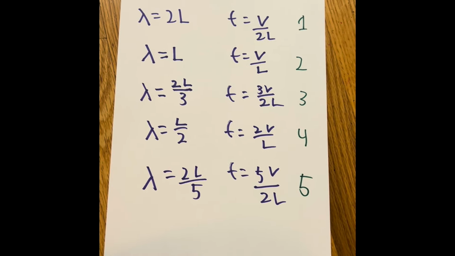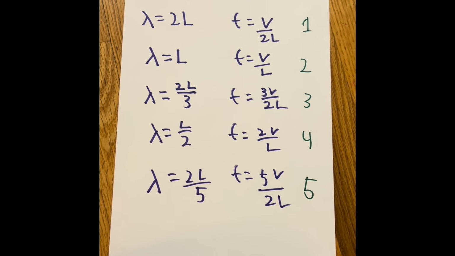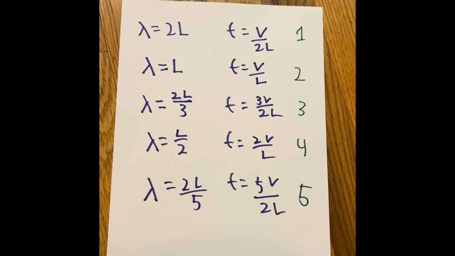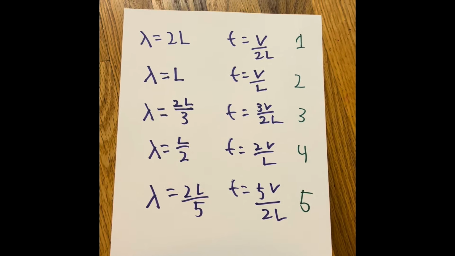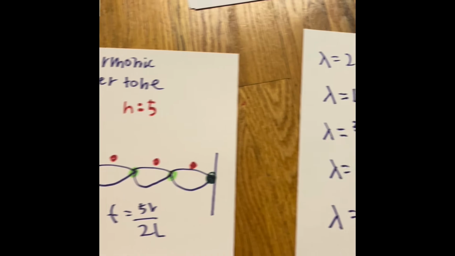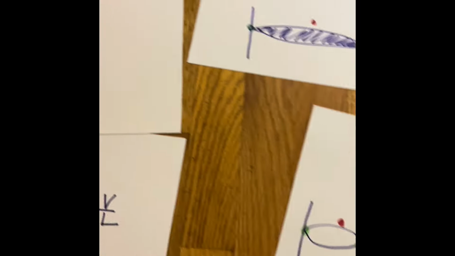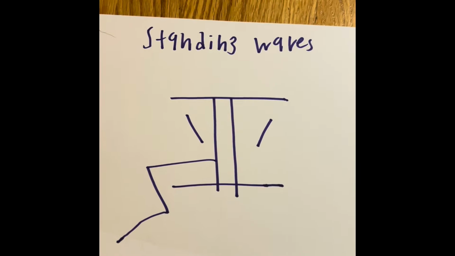Take a screenshot and also pause the video so you can keep this as notes. So yeah, we now understand the different harmonics and overtone waves and understand a standing wave.